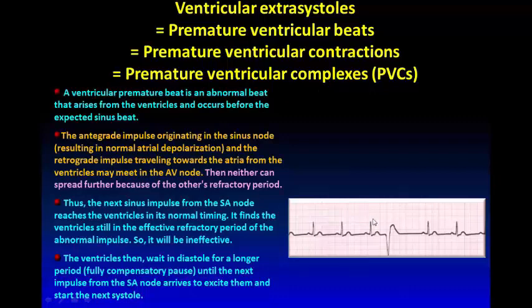A ventricular premature beat is an abnormal beat which arises from one of the ventricles, and it occurs before the expected normal sinus beat.